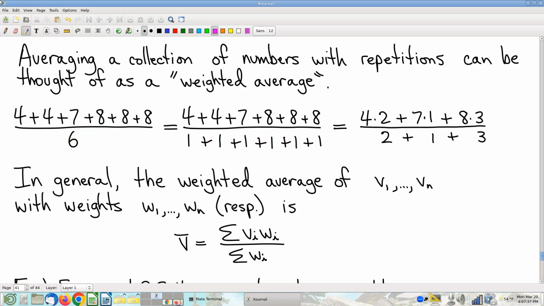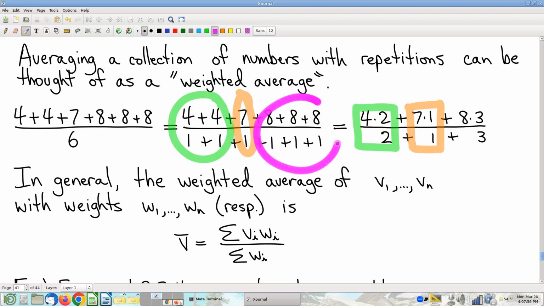And then I can kind of group them and say, all right, well, this business here, I'm going to streamline by just observing that I'm multiplying 4 times 2. And then in the denominator, I get a 2. And then with the 7, well, okay, it only appears once. And then with the 8s, well, that 8 gets multiplied by 3, and there's 3 in the denominator.